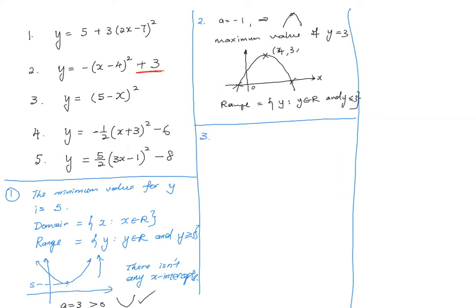Yeah, because here y equal to 5 minus x. So the coefficient is 1. So there is a +0 here. So therefore, the minimum value of y is 0. Right? So the graph go in this way.